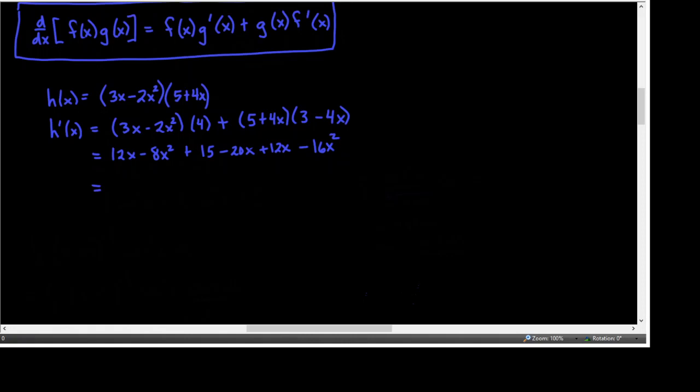So collecting like terms, I have negative 24x squared plus 4x plus 15. There you go.